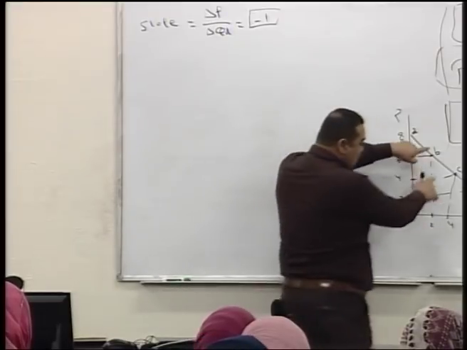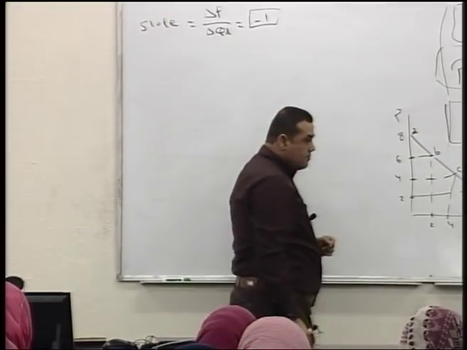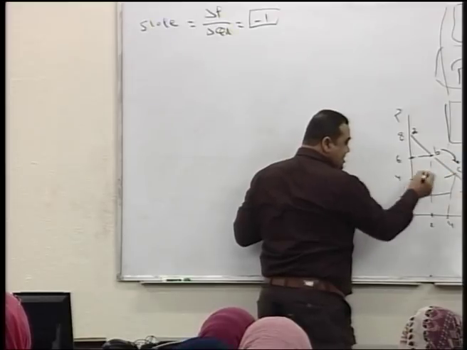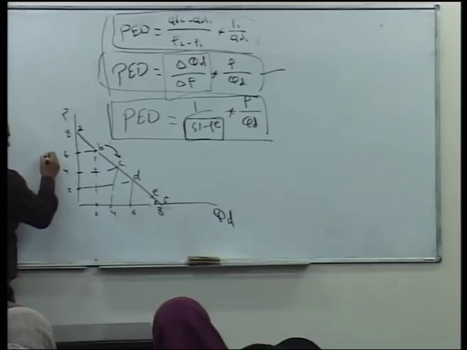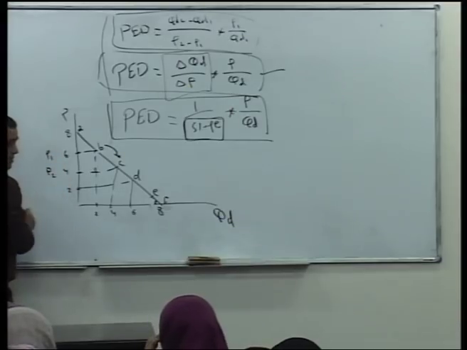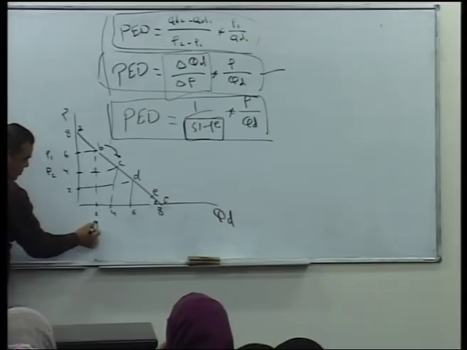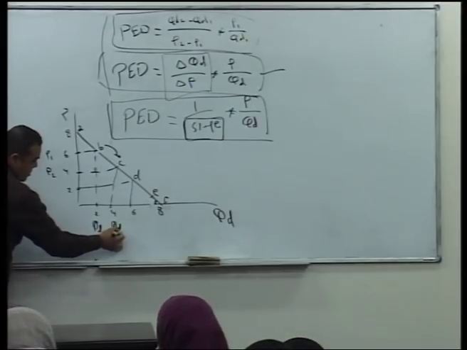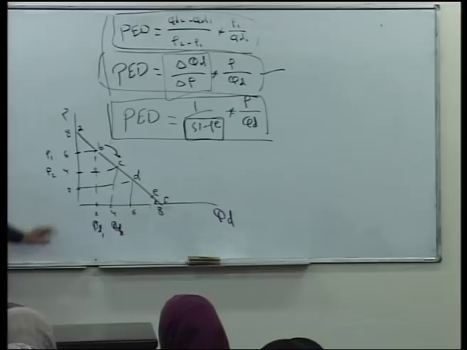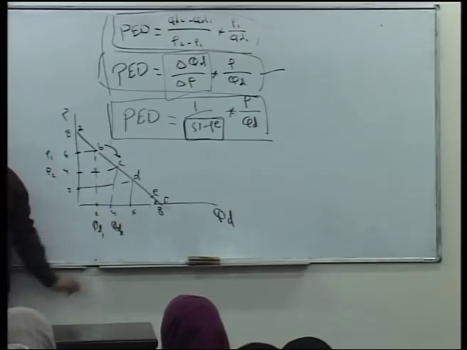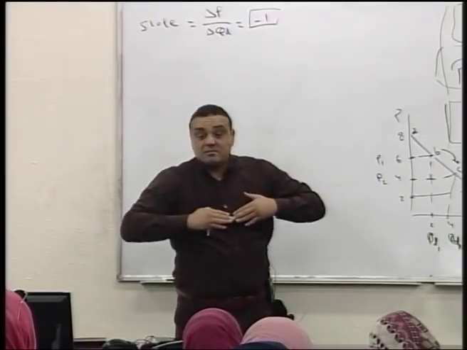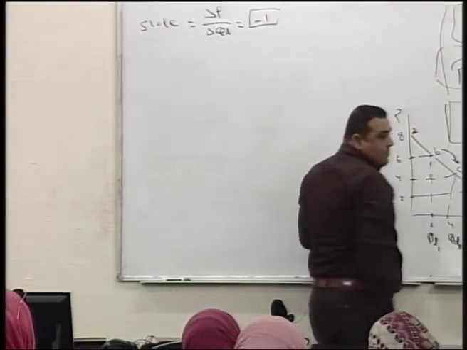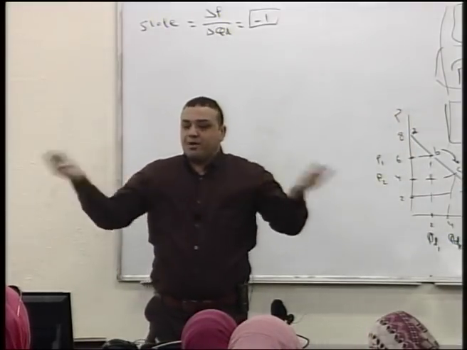Let's calculate the slope between B and C. From B to C, what is the slope? We have P1, P2 and QD1, QD2. Do the calculations from B to C. The difference is 2 and 2, so minus 1. So the slope is fixed along the demand curve. Take any 2 points.